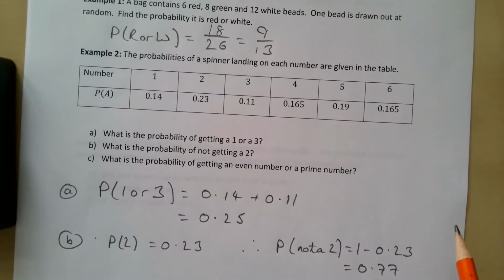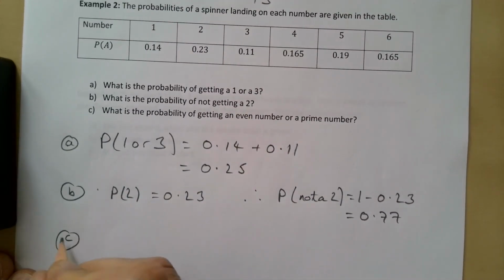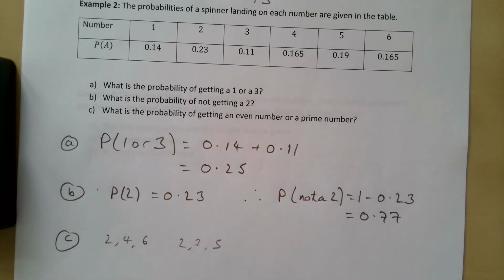What's the probability of getting an even number or a prime number? Our even numbers here are 2, 4 and 6. Our prime numbers are 2, 3 and 5. So we have 2, 3, 4, 5 and 6. A 2, a 3, a 4, a 5 or a 6 will give us what we want, so all we want is not a 1.